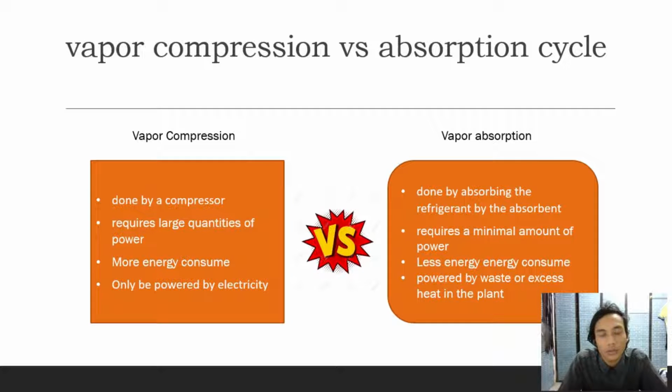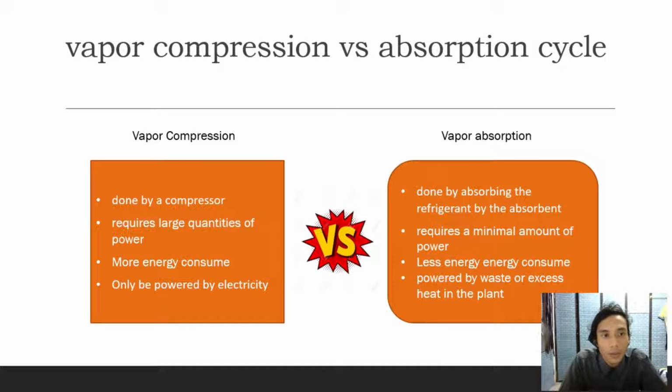So, I will continue to talk about discussion number 5, which is the difference between vapor compression and absorption cycle. In the vapor compression, the compression of the refrigerant is done by a compressor, which can be reciprocating, rotating, and centrifugal type.